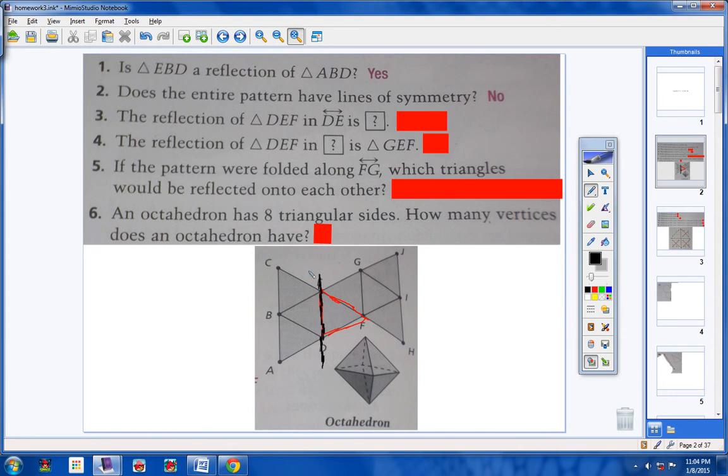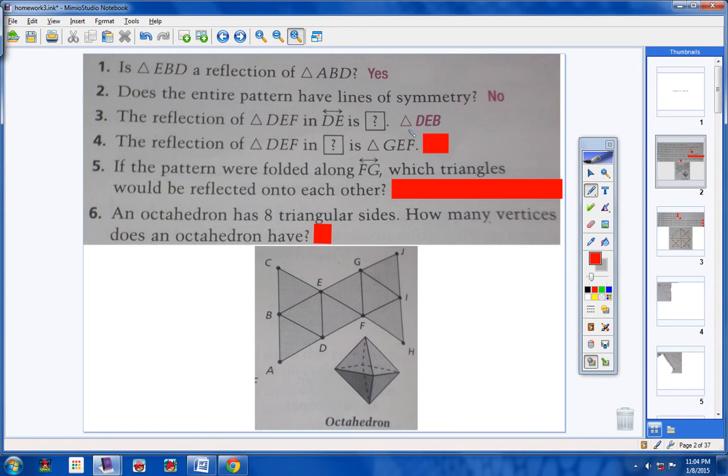What triangle? Well, students, figure it out. If you were to fold this piece of paper right on this black line, this red triangle right here would fall right on top of what triangle? Would it not fall right on top of this triangle right here? Sure it would. And so what triangle is that? That's triangle EDB. So the answer is triangle DEB.